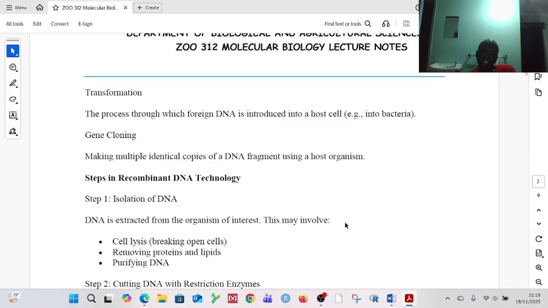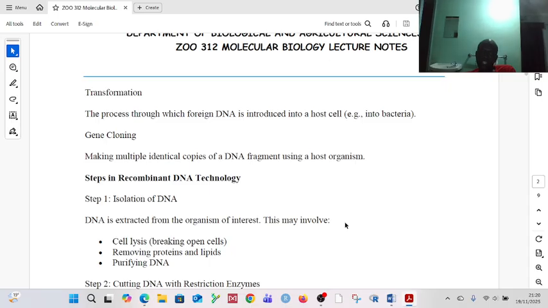Another important terminology is cloning or gene cloning. To clone is to make an identical copy. Okay, so this process of gene cloning just means making multiple identical copies of a DNA fragment using a host organism.